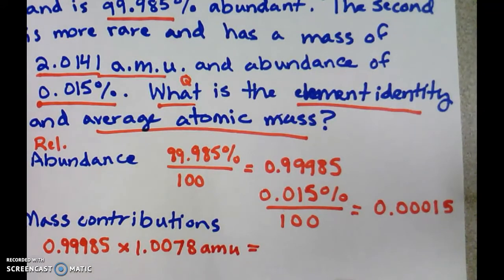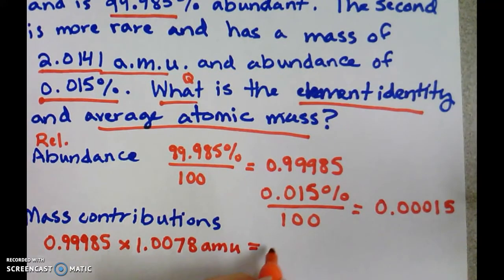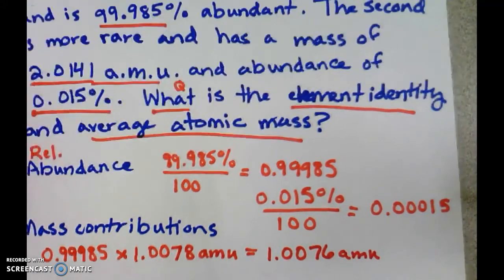And the mass we get for that mass contribution is 1.0076 AMU.